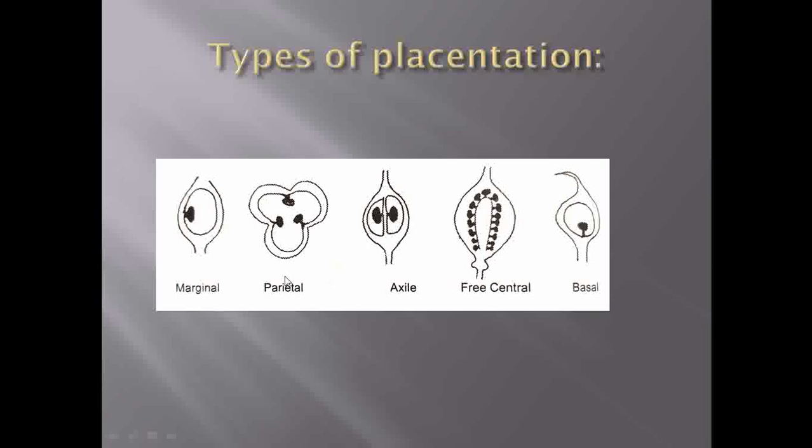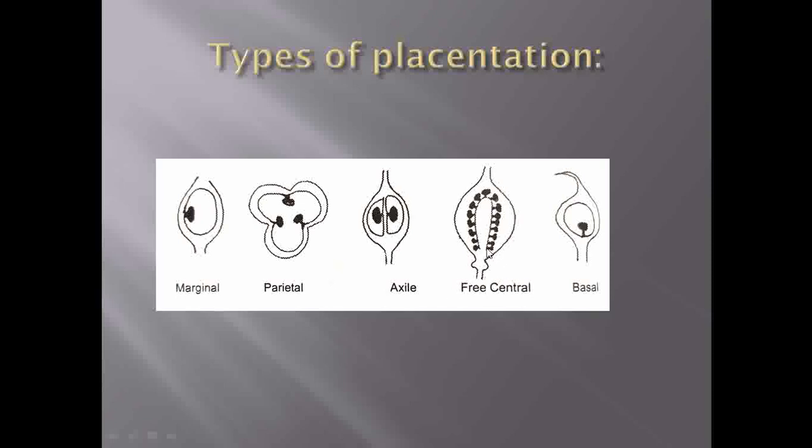Then the parietal placentation, see here the attachment of the placenta, for example Cucurbitaceae. Then the axile placentation, for example tomato. This plant shows axile placentation, meaning the placenta is attached centrally.